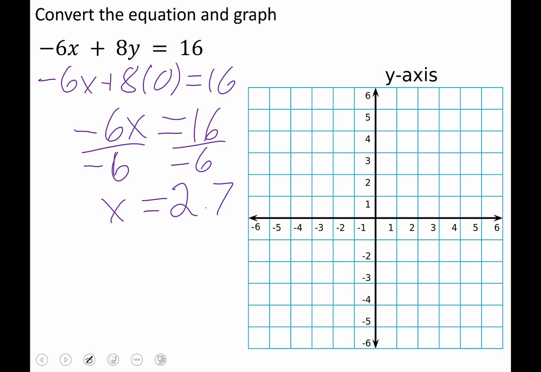Not really a nice number to try and graph, right? Okay. Our y-intercept would be a little nicer, but we still needed 2 points.